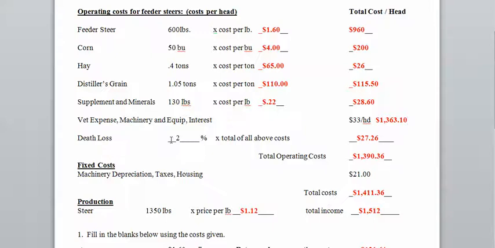So you take your total cost to this point and multiply it by your percentage death loss, in this case 2%, so the decimal would be 0.02. 2% of 1363.10 is $27.26.